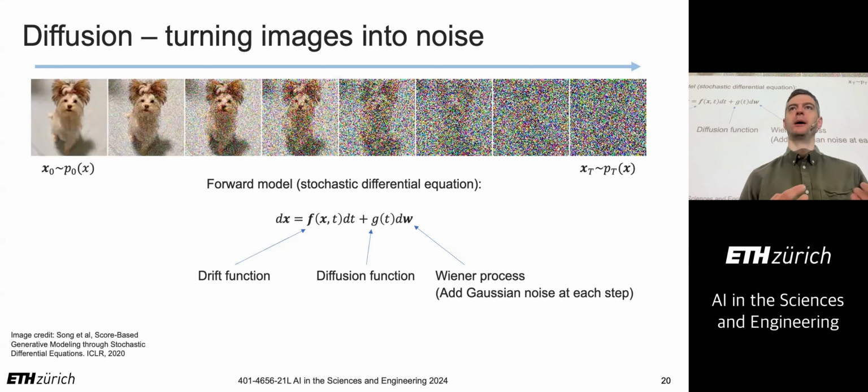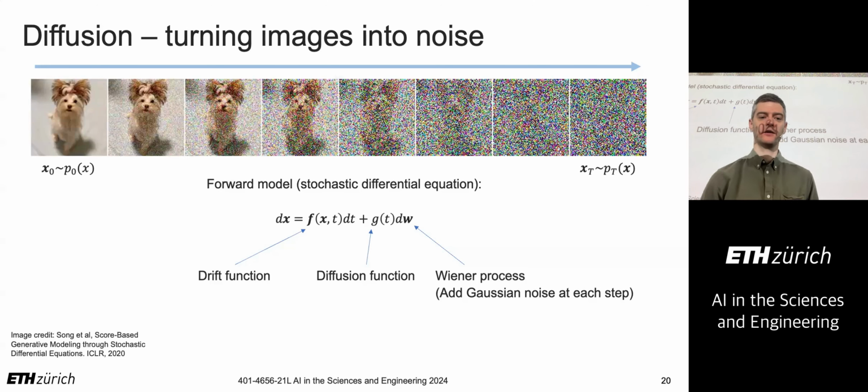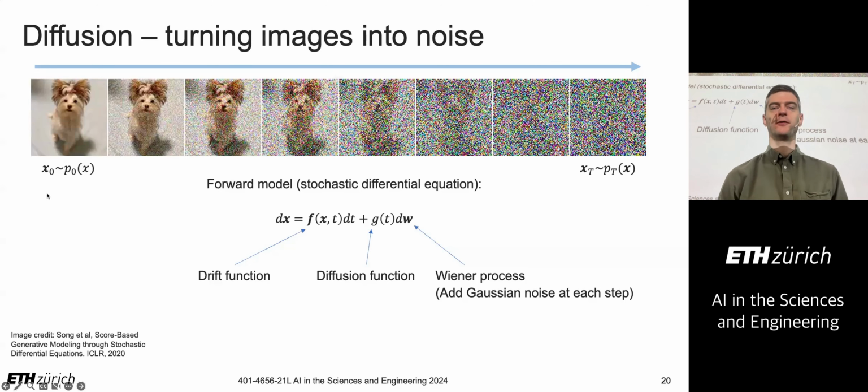So we need to talk about probability distributions, because diffusion is a random process. We start with some image here, which is drawn from some data distribution, P naught of X. This is the probability of that image occurring naturally. It's the probability distribution of natural images.